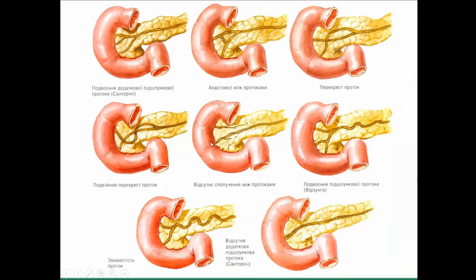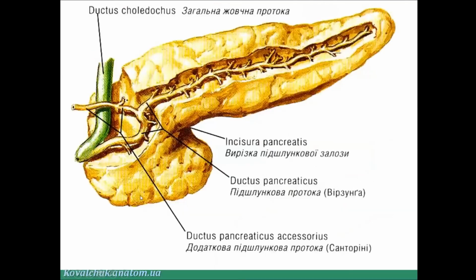And there are different variants of the pancreatic duct. It may be a single duct, a big way, and a mixed form: the Wirsung duct, which is the main pancreatic duct name, and the accessory pancreatic duct, Santorini's name. These are the scientists who described these structures. All of these are ducts, right?